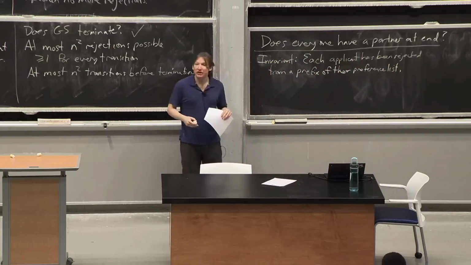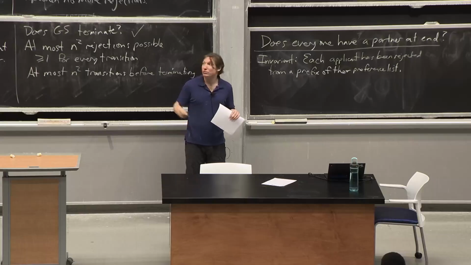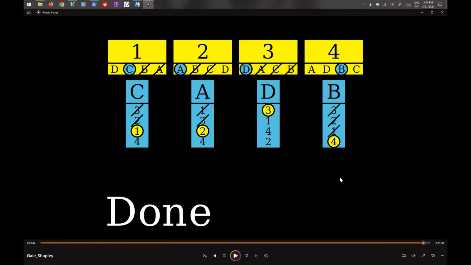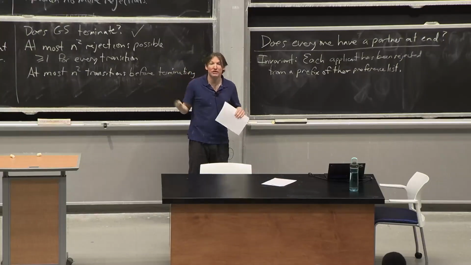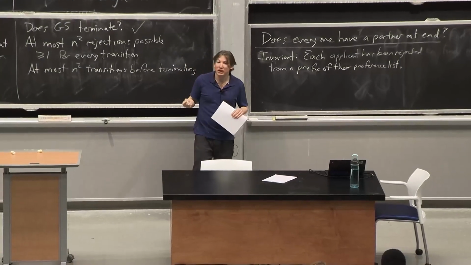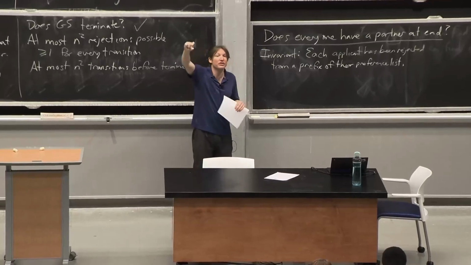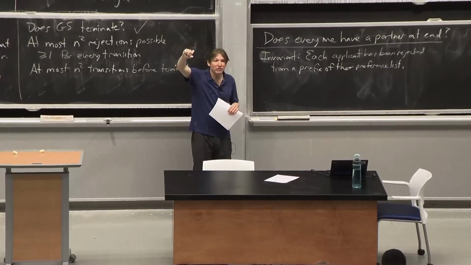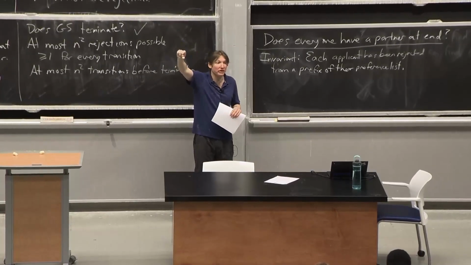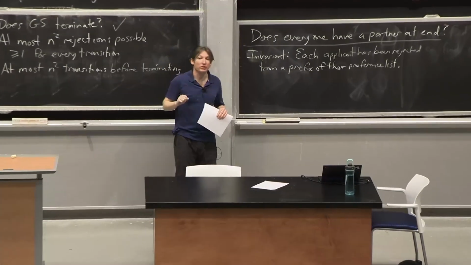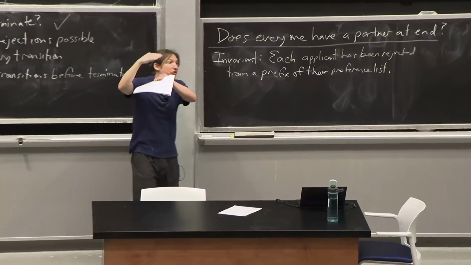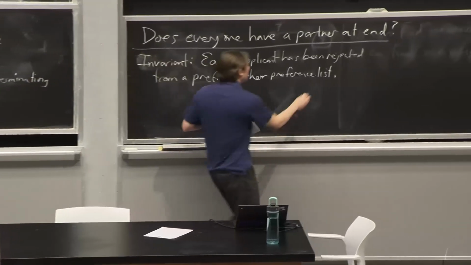So on any particular day, if you look at one of these blue guys and ask who they've been rejected from, it's always from the top of their list down to some point. And that's just because of how the algorithm runs. Every day, an applicant goes to the top choice that hasn't rejected them yet. And either they stay with them for another day, or that evaluator rejects them and the prefix gets one longer. But either way, they're always rejected from a prefix.